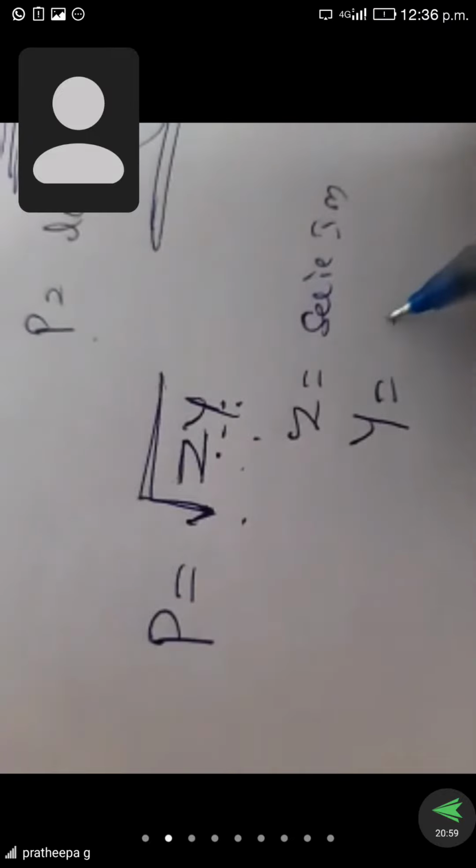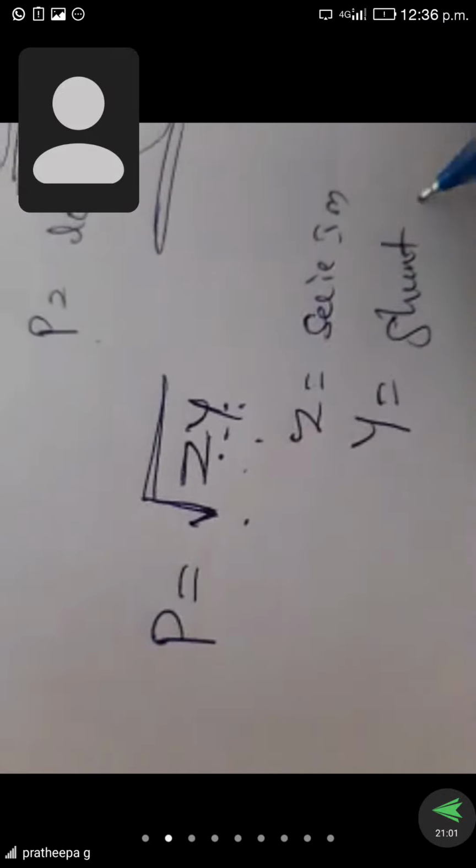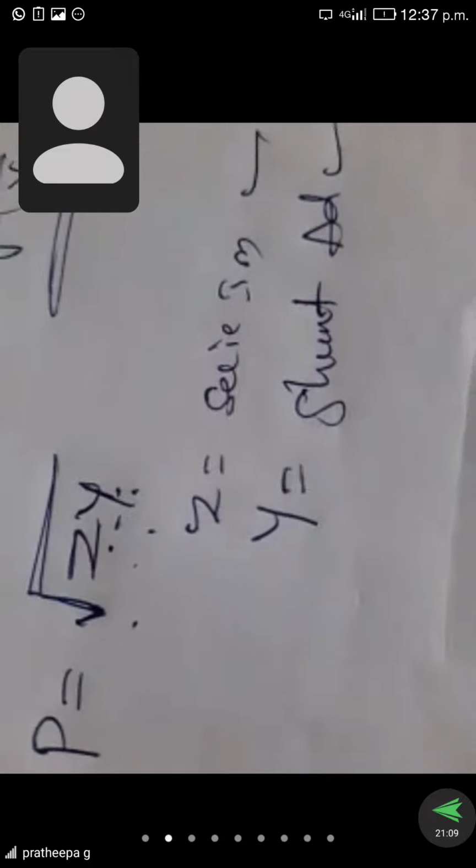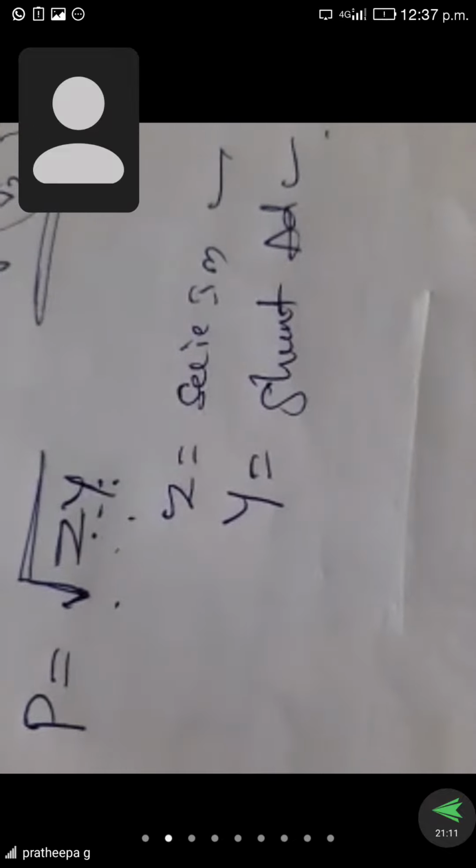Parallel admittance, which means shunt admittance. Series impedance, shunt admittance. This is about propagation constant. If this one is clear, I will go to the third one: attenuation and phase constant.